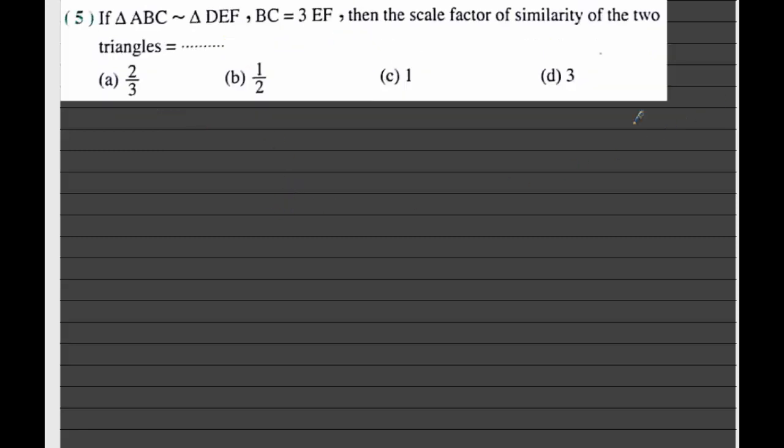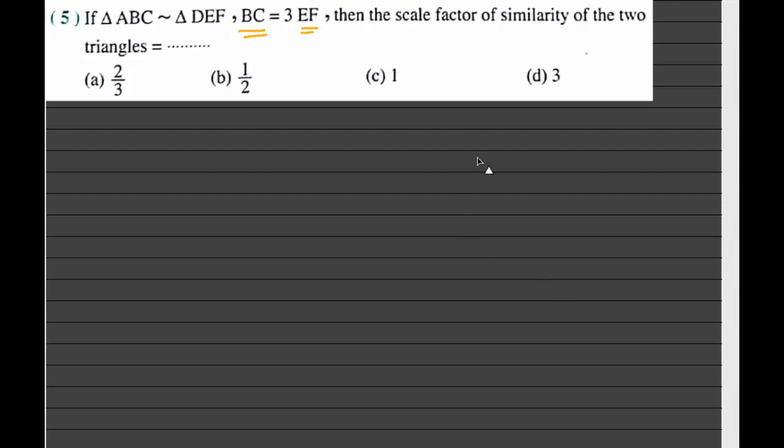Question number 5. Here, if triangle ABC is similar to triangle DEF and BC equals 3EF, then the scale factor of similarity of the two triangles is one of these, and we must calculate it. Okay, we have two triangles, ABC and the other is DEF, such that BC equals 3EF. Here we have BC greater than EF, right? So I'll draw two similar triangles in this form.